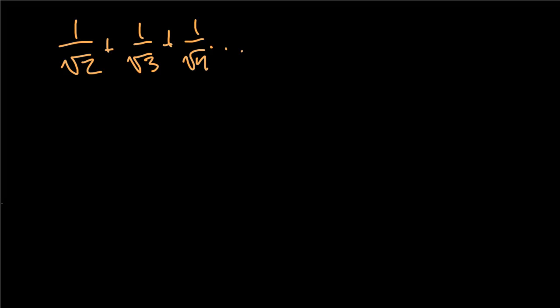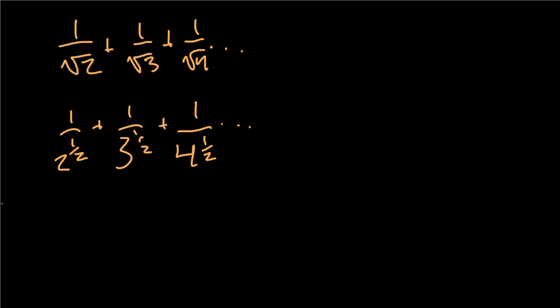If you didn't know, when you're taking the square root of something, you're essentially raising it to the 1/2 power. So this series is equivalent to 1 over 2 to the 1/2 power, plus 1 over 3 to the 1/2 power, plus 1 over 4 to the 1/2 power, and so on. Now it looks like our p series.